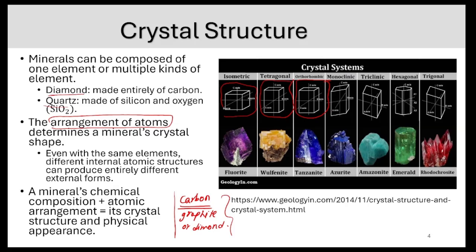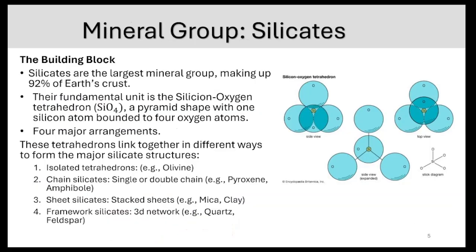So basically, the atomic arrangement, not just the elements themselves, is the key to defining each mineral. Not just the elements the structure is made up of, but rather the composition as well as the crystal atomic structure.